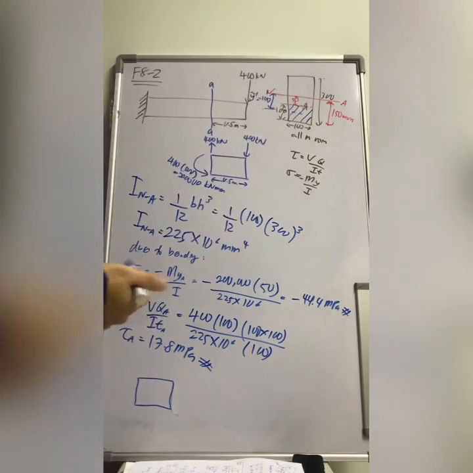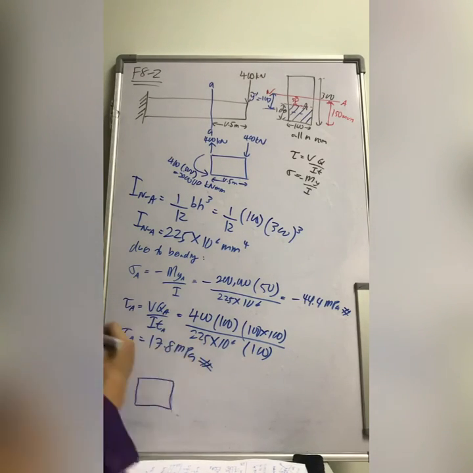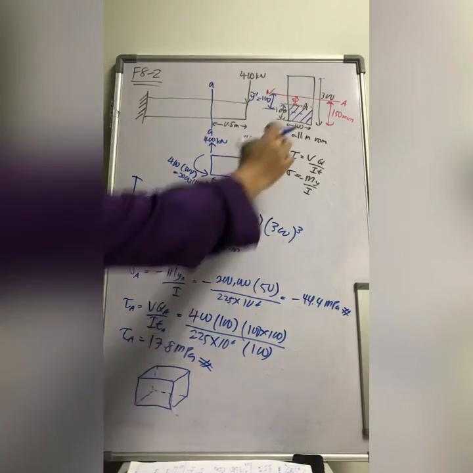Then you draw the rest of the 3D. It doesn't matter whether it goes this way or that way, left or right. The most important thing is that you understand the primary surface is this surface, this A.